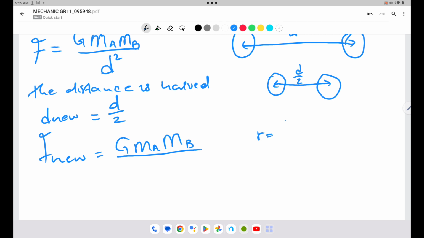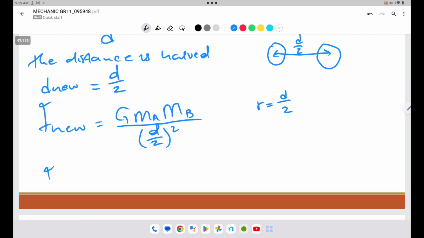R is equal to d over 2, so we have d over 2 all squared. So we can apply maths here. You have F new equals G ma mb divided by, by laws of exponents, d squared over 4.